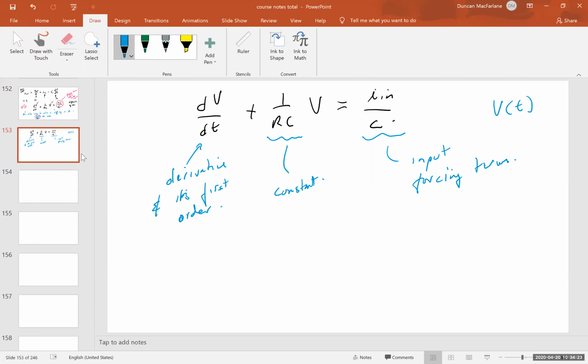So the first thing we do when we see a forced differential equation, the first thing we do is we set the forcing term equal to 0.